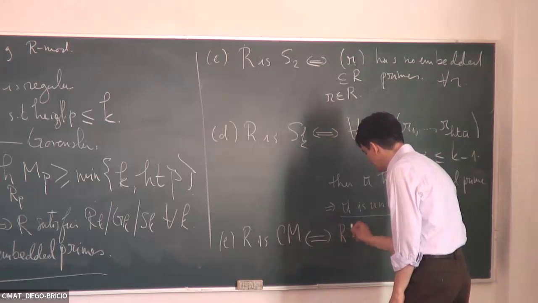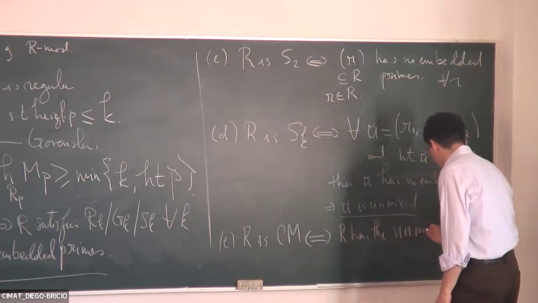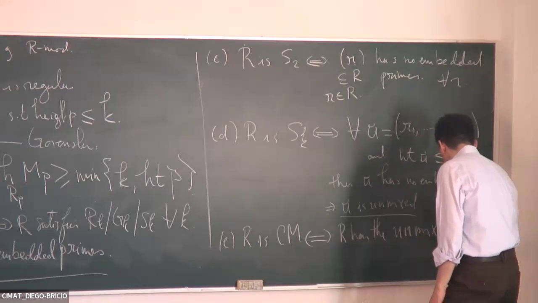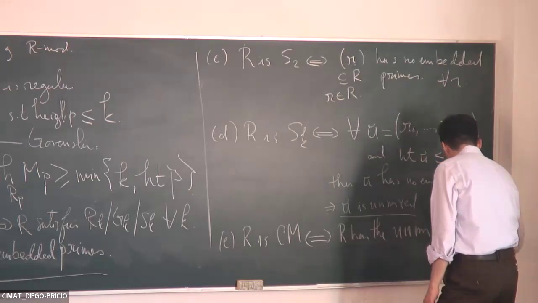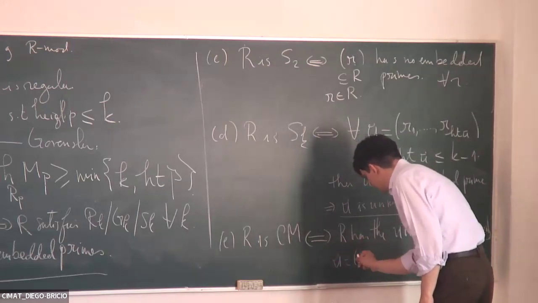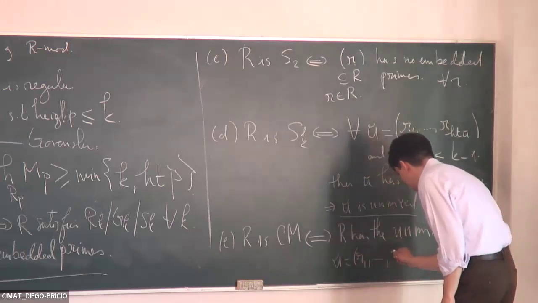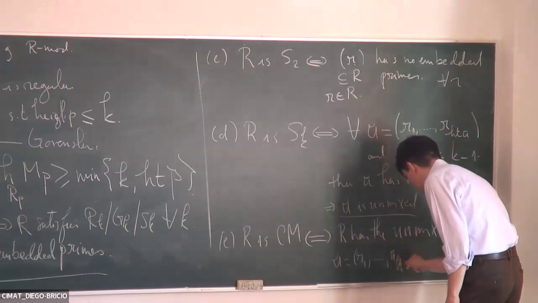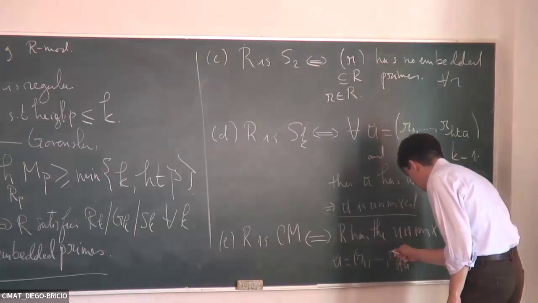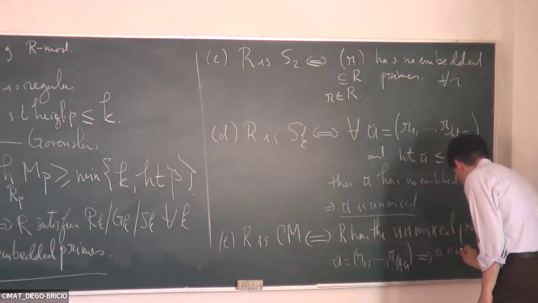So let's say R has the unmixed property. Meaning that if A is generated by height of A elements in R, then A is unmixed.